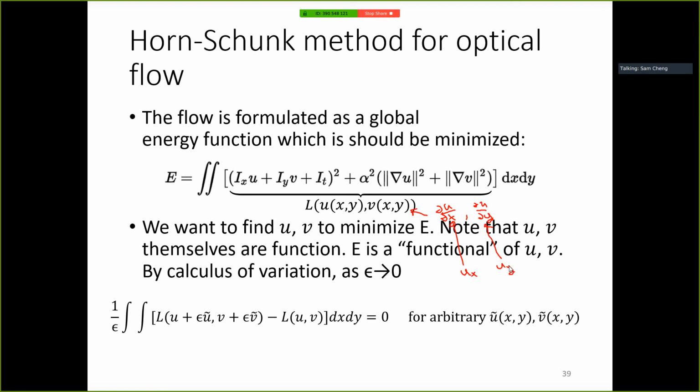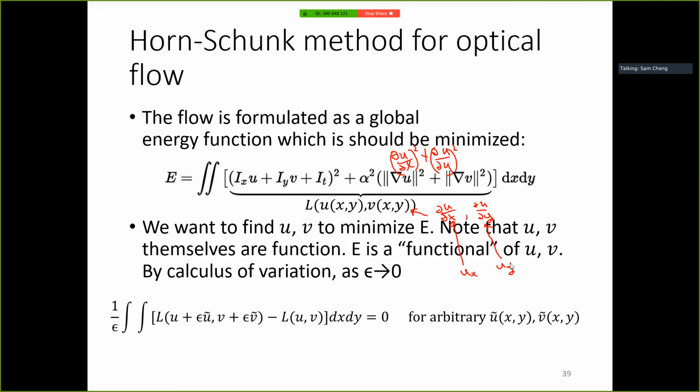It's also a function of ux, uy, because here this one is partial u partial x squared plus partial u partial y squared, right? So this whole thing L here is actually a function of u, v and ux and uy.